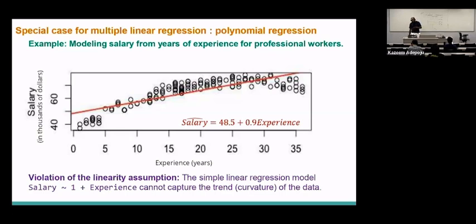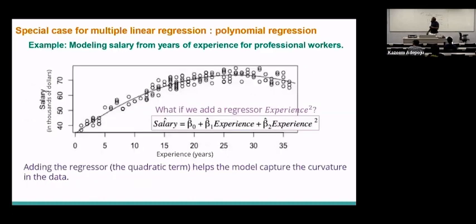We don't just incorporate a quadratic effect. There's a reason why we do what we do. Does that make sense? Now, take a look at that: salary equals beta naught plus beta 1 experience plus beta 2 experience squared.